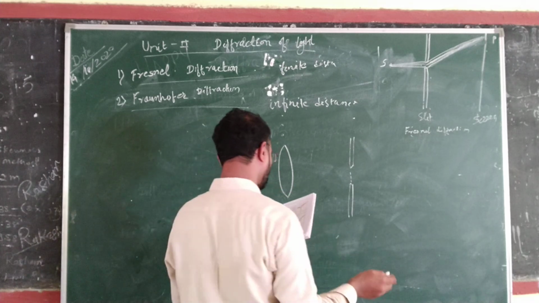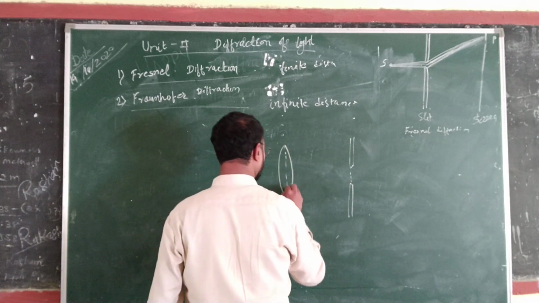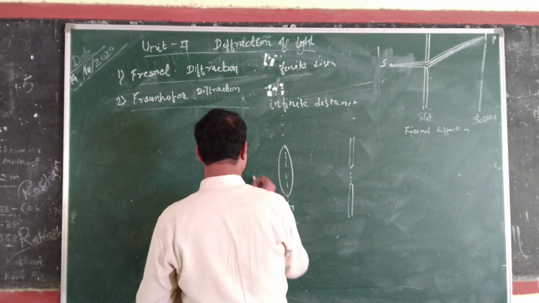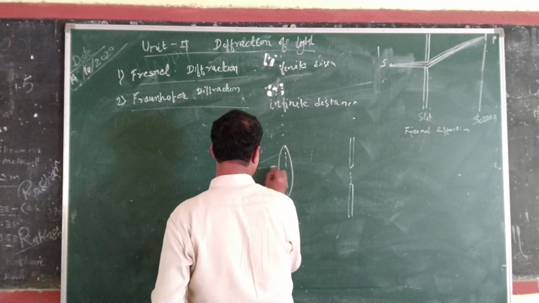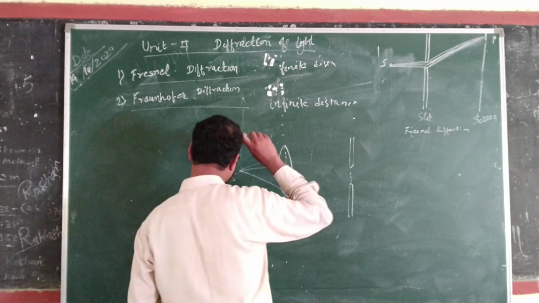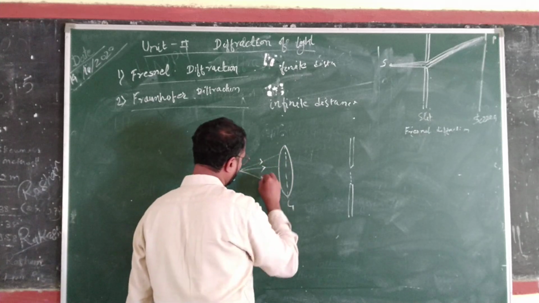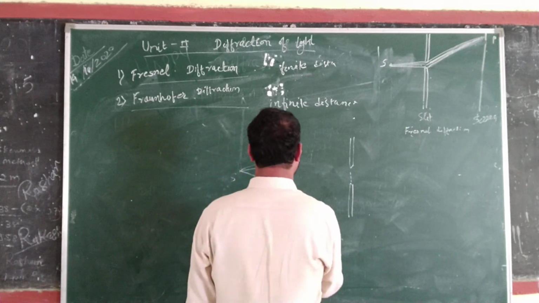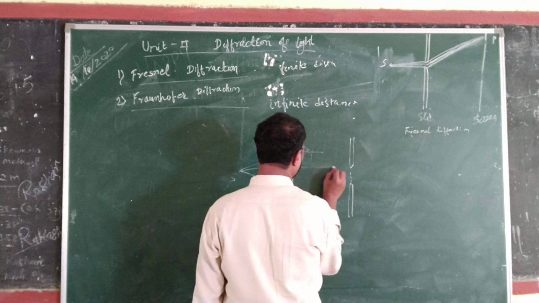This is the convex lens. This is the incident wave of light. These rays are made parallel by this lens.